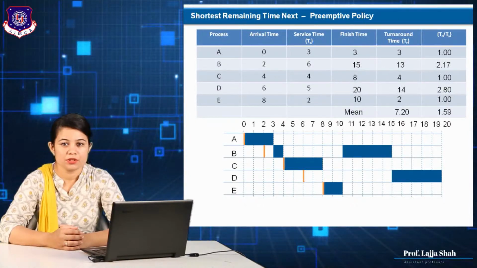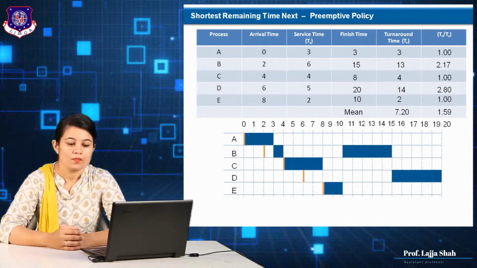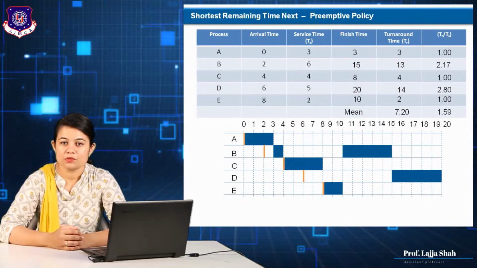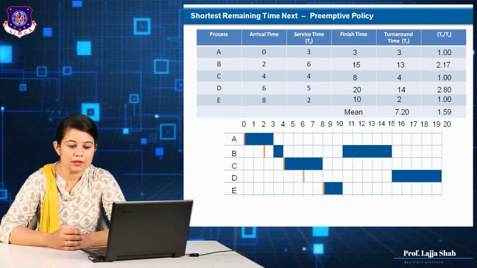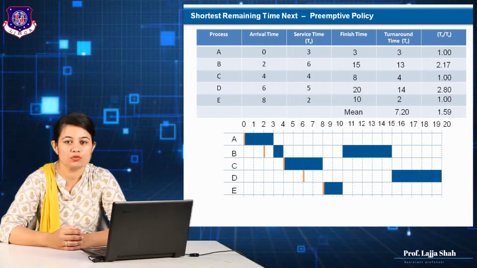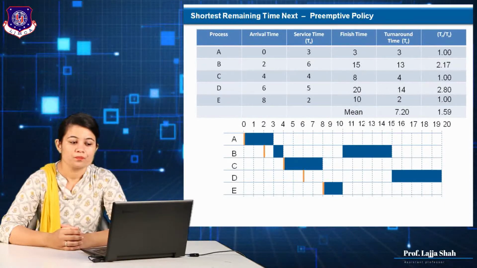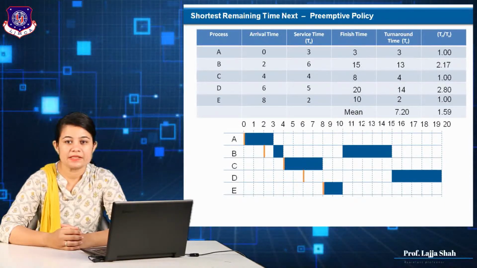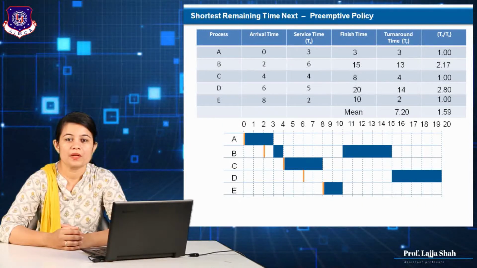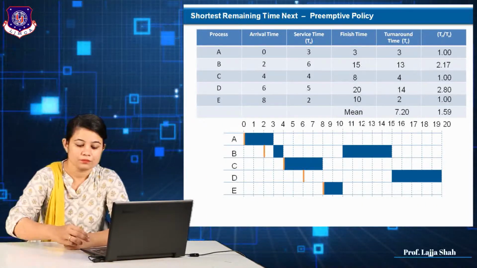After the execution of all the processes, the mean values for turnaround time and throughput will be calculated. I hope you have understood the policy shortest remaining time, which is a kind of preemptive policy. Thank you.